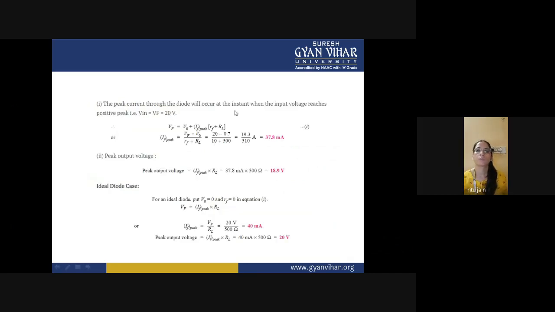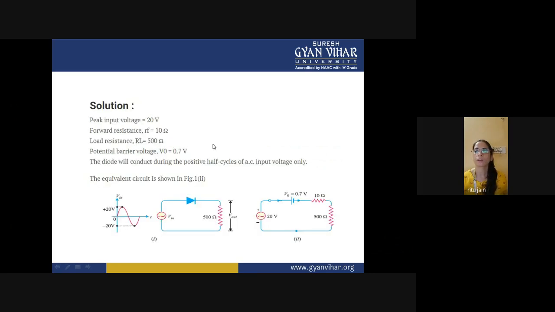You have to apply KVL in this loop. Suppose this is your supply voltage Vs. Then Vs minus V naught minus IF into (10 plus 500 ohm), where IF is the current flowing through the diode.